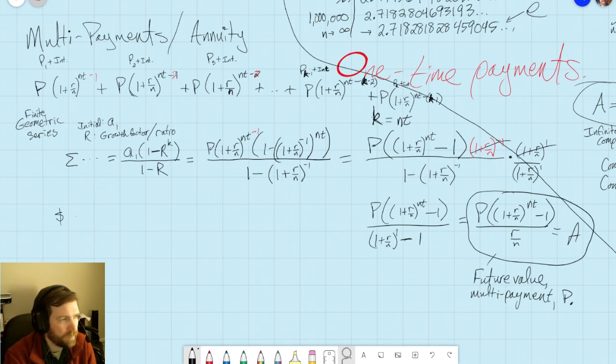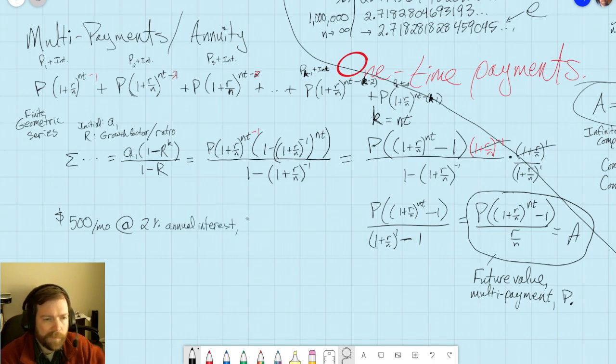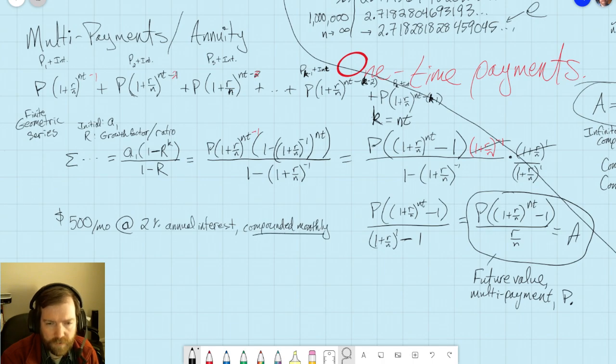So if you end up saving $500 a month at 2% annual interest, compounded also monthly, which, again, they shouldn't really break this.